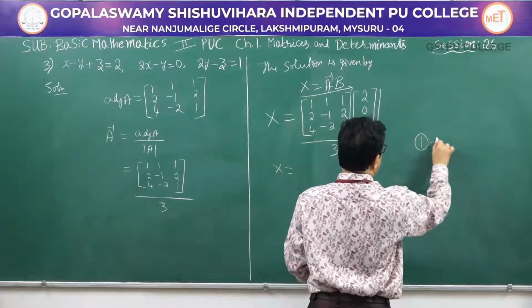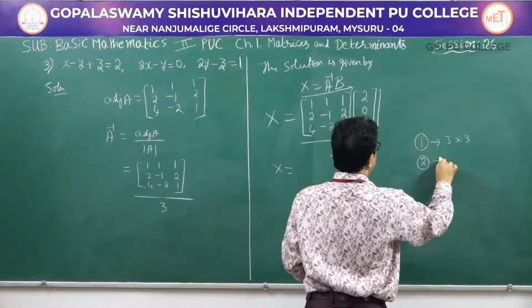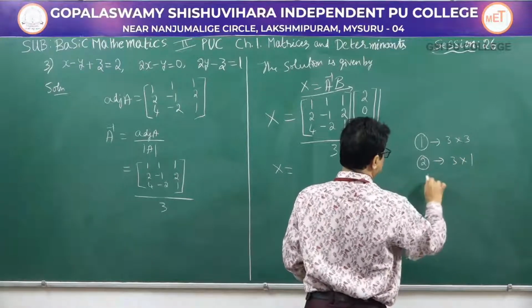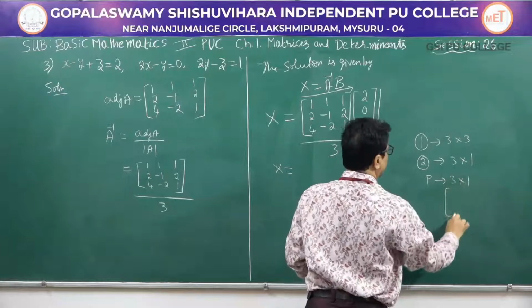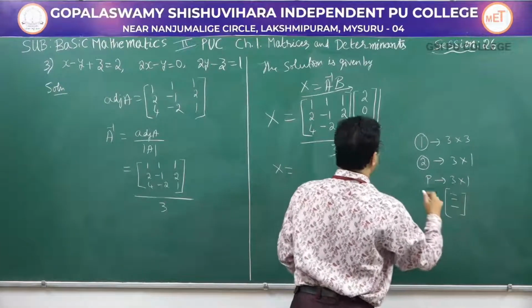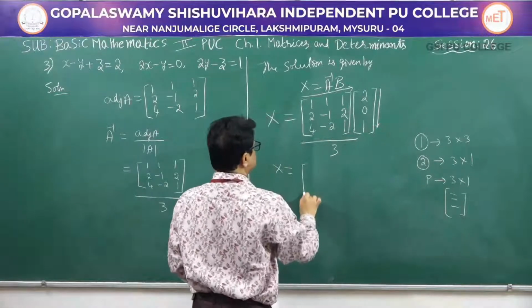So x is equal to, so now we have to multiply these two matrices. First matrix is of the order 3 into 3, second matrix is of the order 3 into 1, and the product matrix will be of the order 3 into 1. So the rule is row into column.